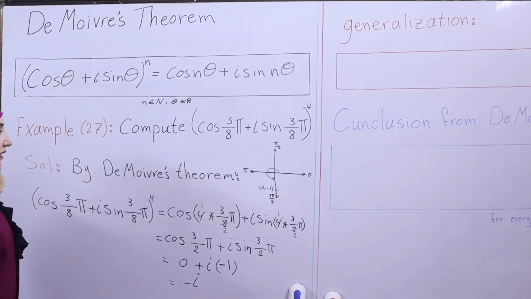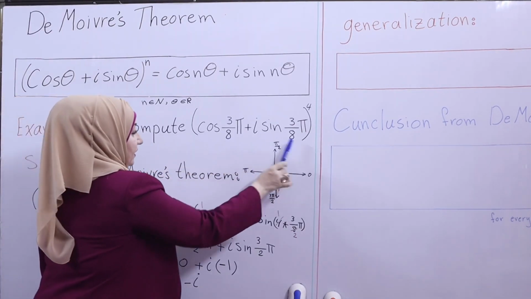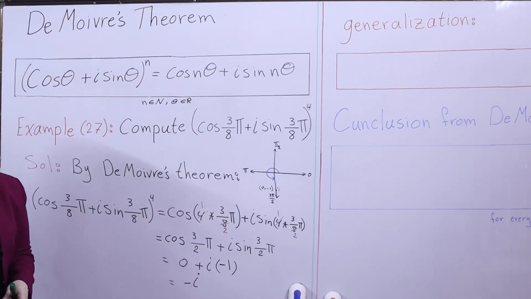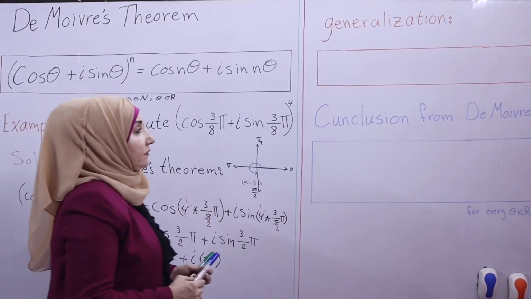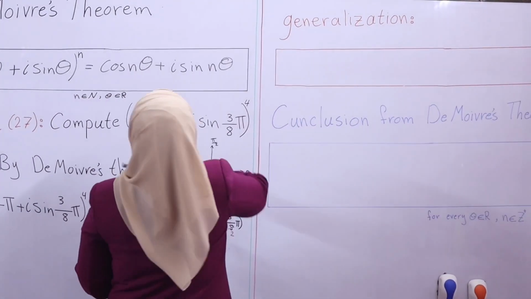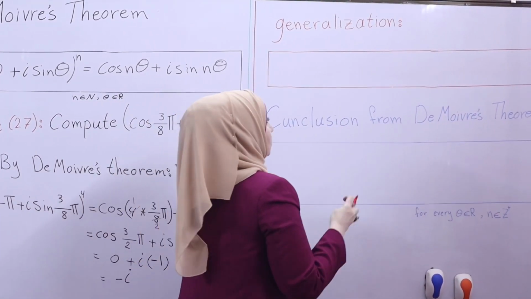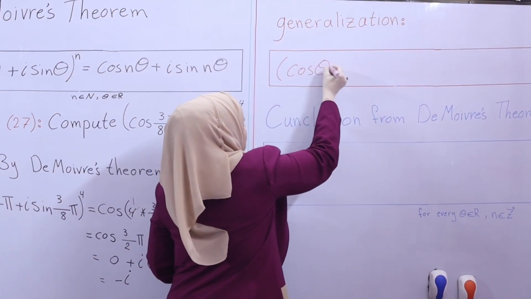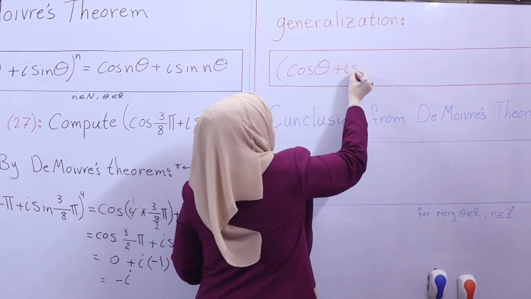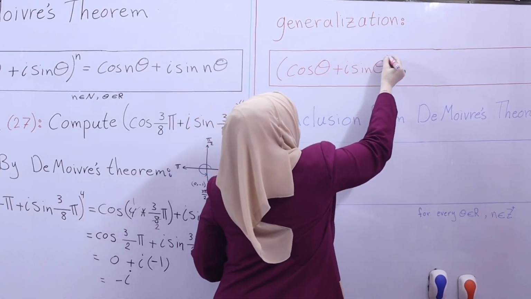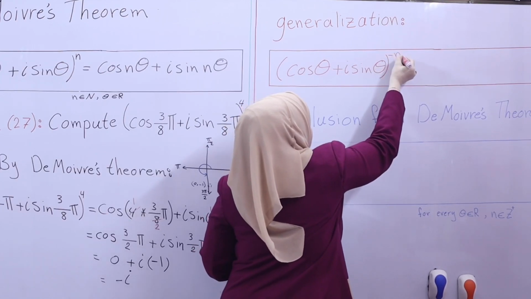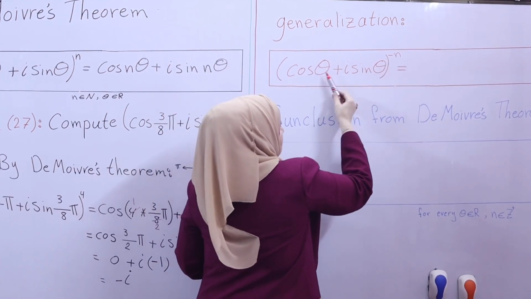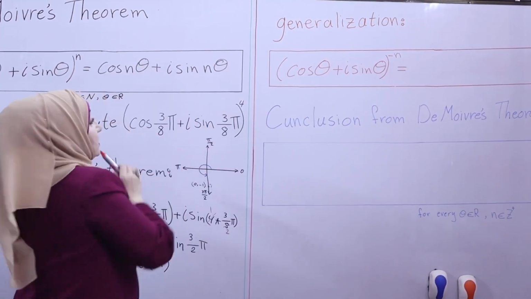So we find the value of this expression by applying DeMoivre's theorem. So we have a generalization of DeMoivre's theorem, which says if we have cosine theta plus I sine theta to the power -n, it will be. What is the difference between the generalization and DeMoivre's theorem?